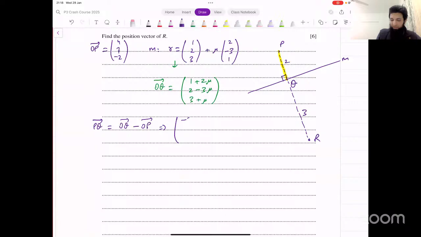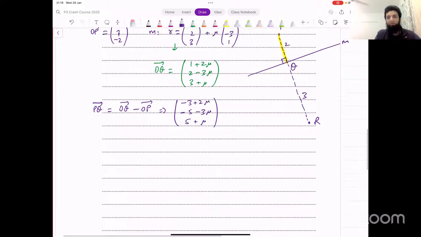So that's minus 3 plus 2 mu. 2 minus 7, that is minus 5. So minus 5 minus 3 mu. 3 minus minus 2, that's 3 plus 2, which is 5 plus mu. Okay, so that's OQ minus OP, which is PQ, right? We found the vector PQ now.